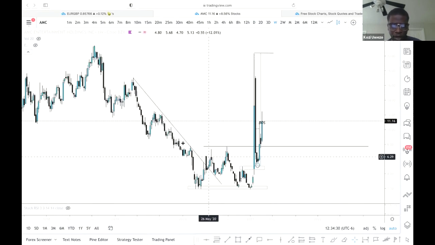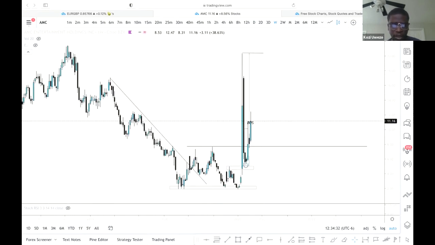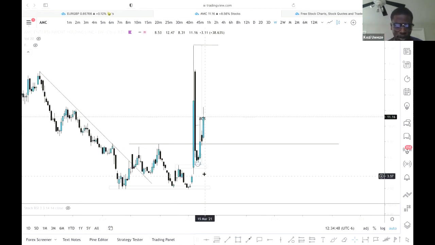Price stopped right here, then it started ranging. So basically, this point right here made the low, right? Let me see. All right, can you see that?